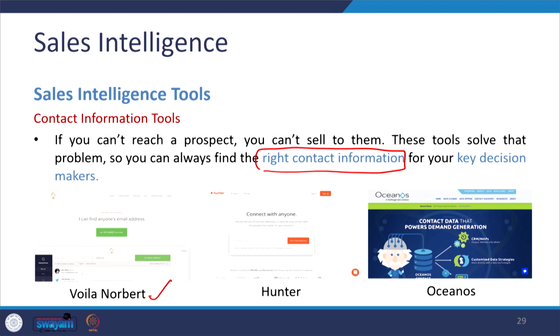Say XYZ is a CEO, you just enter his or her name in this website and you will get all the detailed information like email IDs and phone numbers. Then there are Hunter and Oceans, again other tools that can be found under this category. So this comes to an end of your first objective, to understand the meaning and role of sales intelligence for sales organizations.